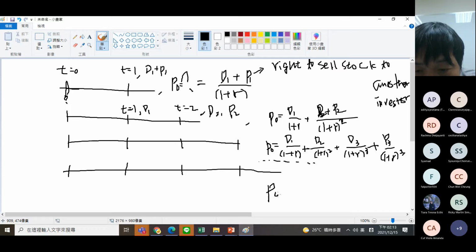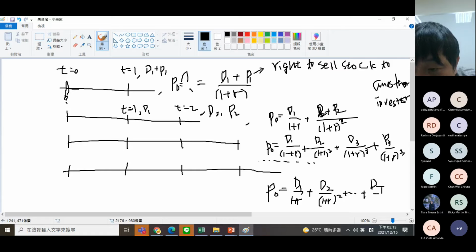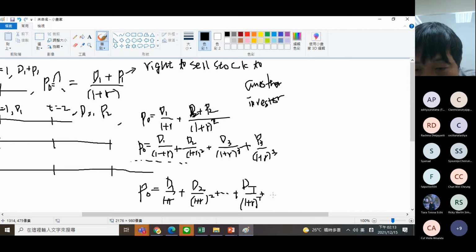So P0 equals D1 over 1 plus R, D2 over 1 plus R squared, up to Dt over 1 plus R to the power of t, and we stop at infinity, so we have D infinity plus P infinity over 1 plus R to the infinity.